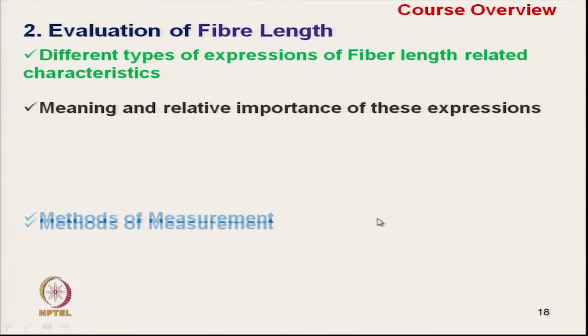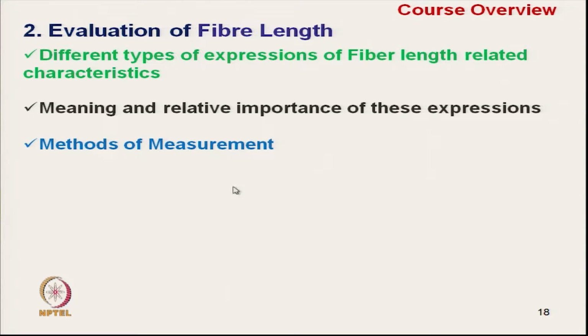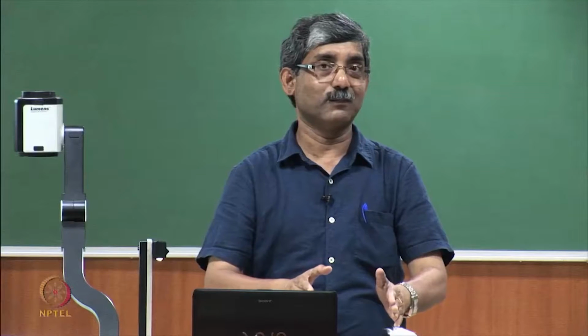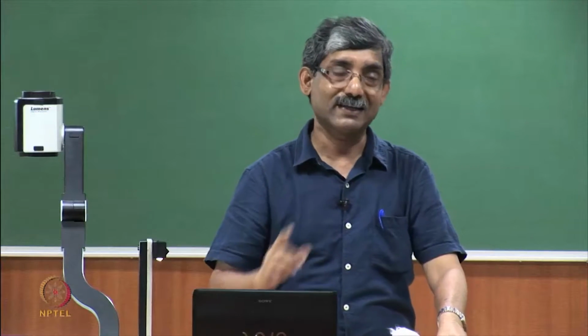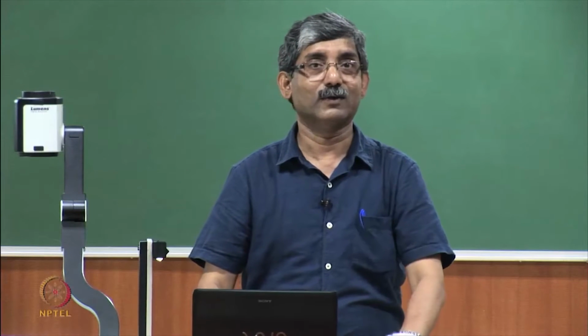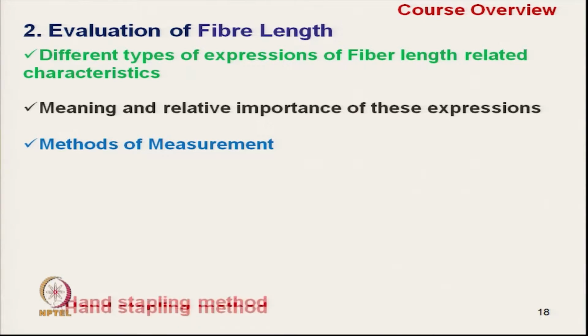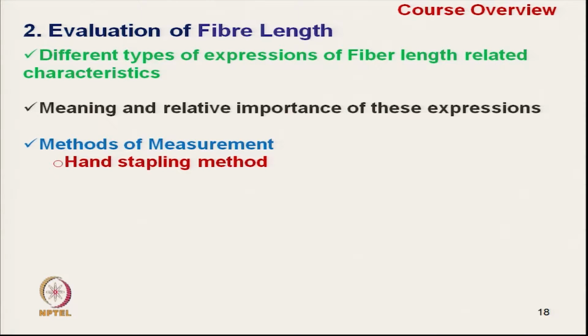Then methods of measurement. Various methods of measurement are there to test fiber length and its dispersion. First we will start with the hand stapling method, then the Shirley photoelectric stapler.